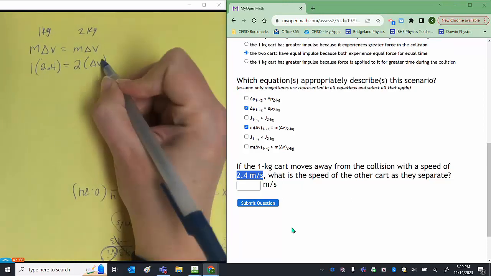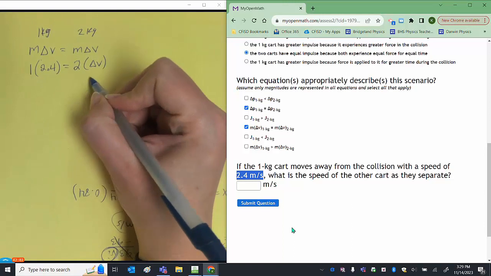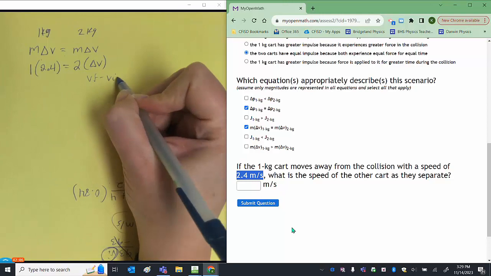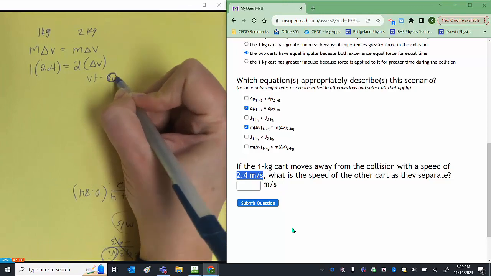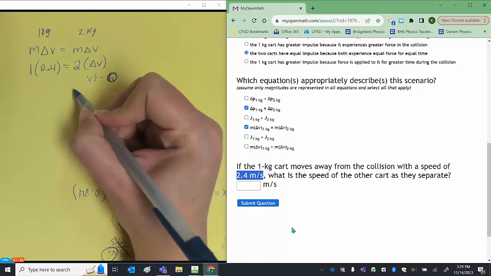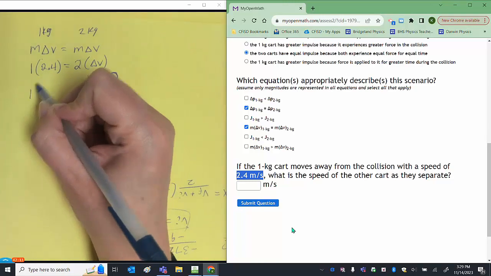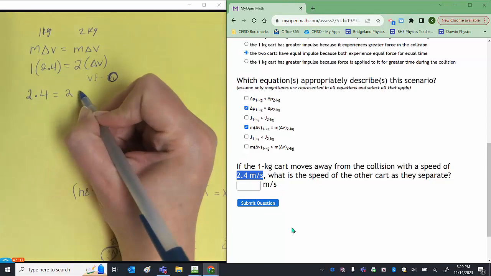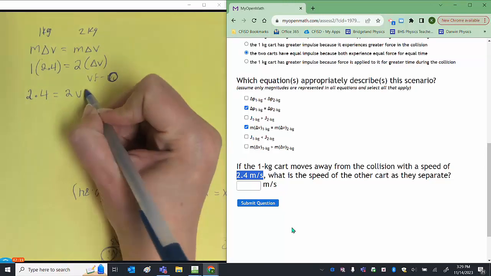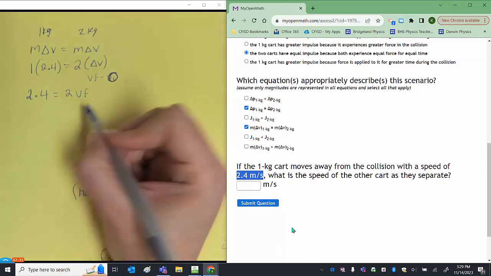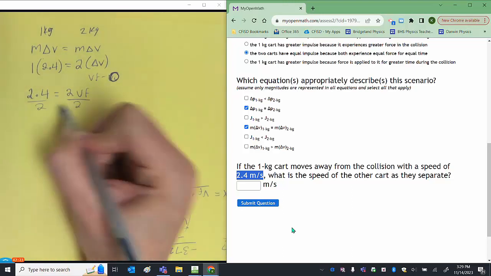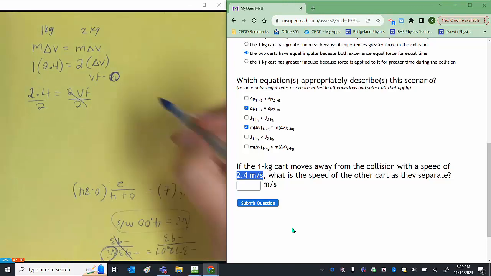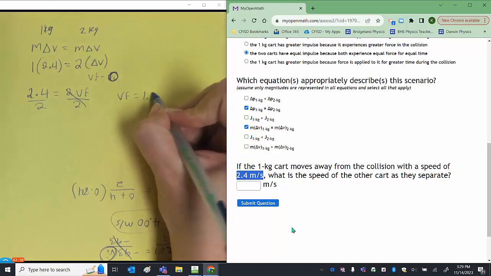And again, change in velocity is VF minus VI, and we know the initial was 0. So 1 times 2.4 is 2.4, so 2.4 equals 2 times VF minus 0, or 2 VF. If I want to solve for VF, let's just divide by 2. 2.4 divided by 2 gives me a final velocity of 1.2 meters per second.